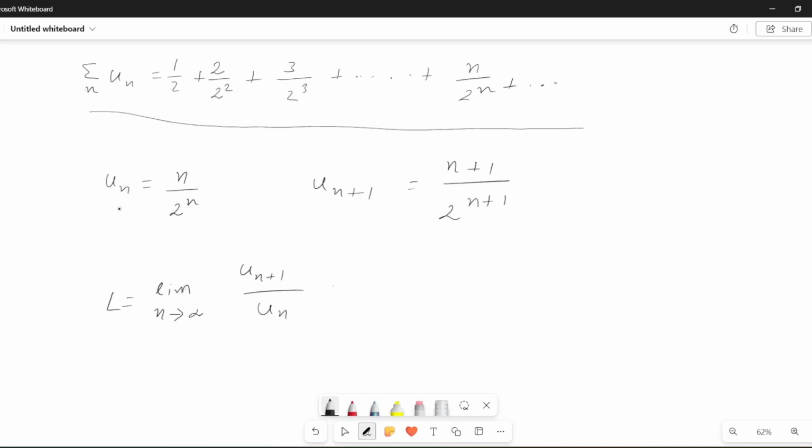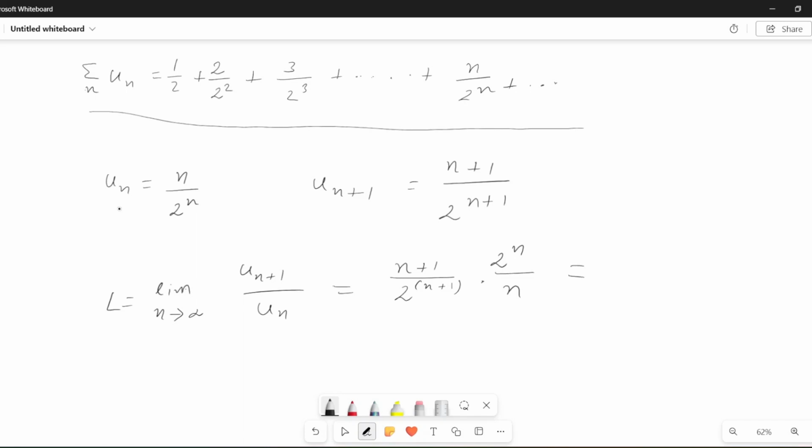That can be written as n plus 1 by 2 to the power n plus 1, into 2 to the power n by n.